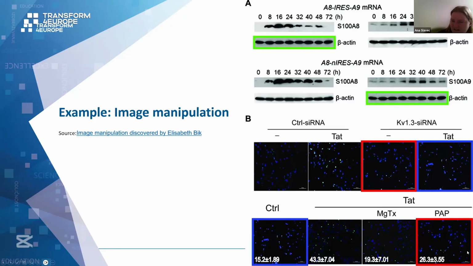So you see these red ones, it's actually a copy of the same pattern. The researchers presented it as a different measurement, but actually it was duplicated. And here this blue one also is just the same image duplicated.